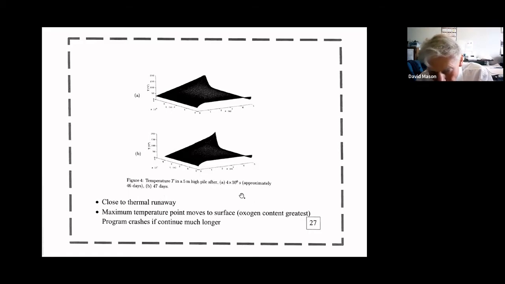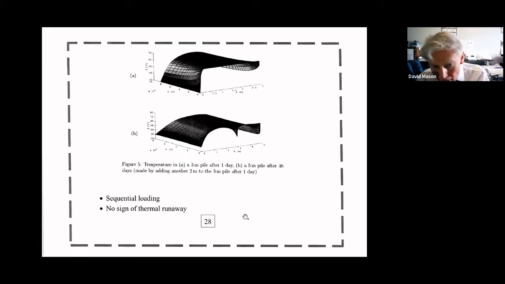So what the study group did was, instead of having one pile of 5 meters, you have a pile of 3 meters, and then another pile of 2 meters put on that. So this shows the pile of 3 meters after 1 day. Then you add the second pile. And then we see that we don't get runaway. So the recommendation of the study group was to make the piles sequentially.